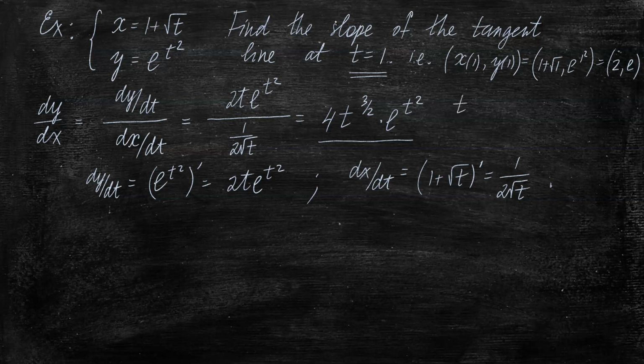So when t equals 1, this expression, which is the slope of the tangent line at that point, becomes 4 times 1 to the power 3/2 times e to the power 1 squared. So it's just 4e.